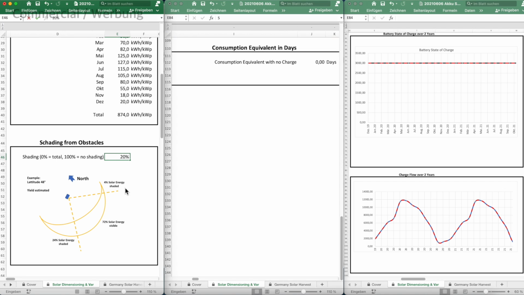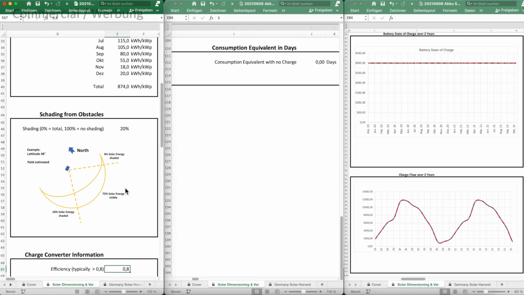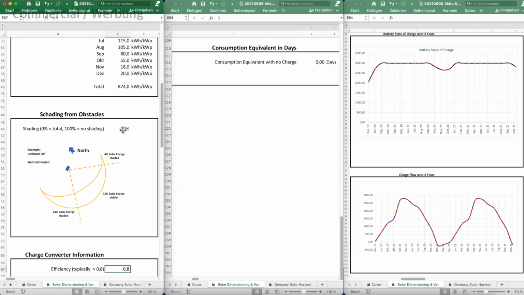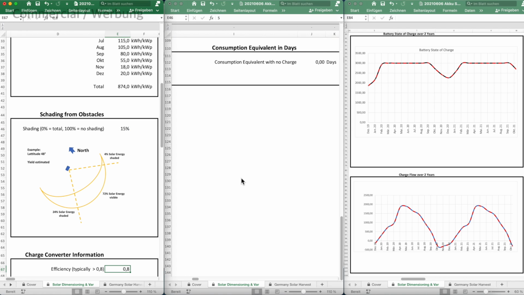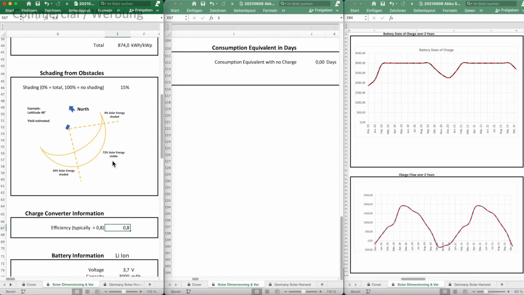Let's play a bit with that number. Cool, we can go down to 15% and are still okay. The power budgets look even better than in the case before.